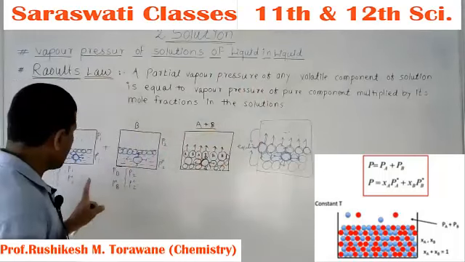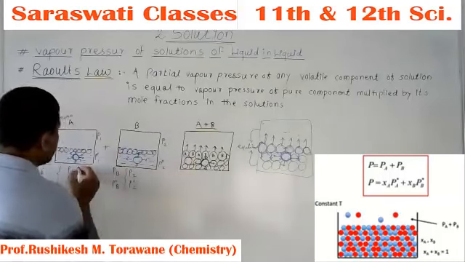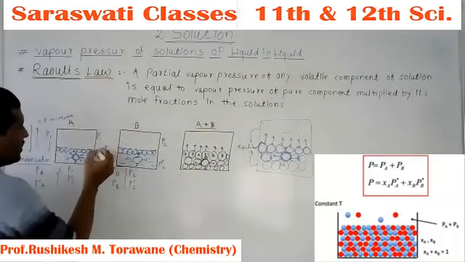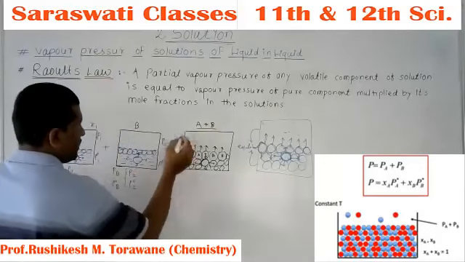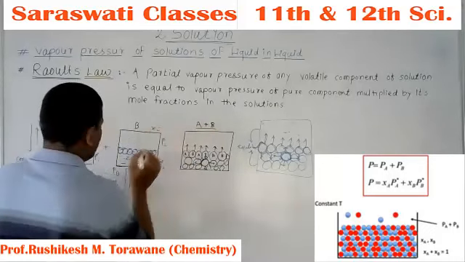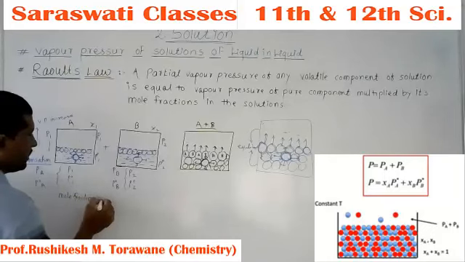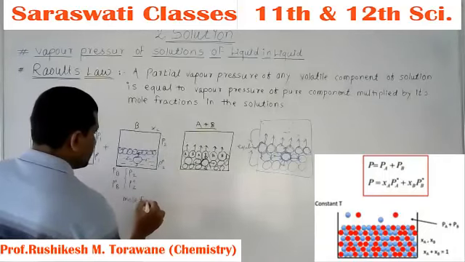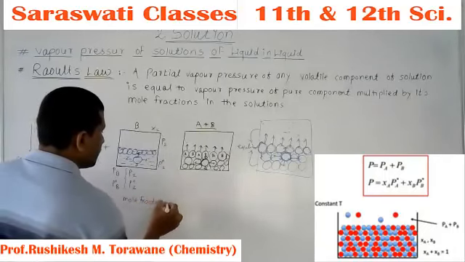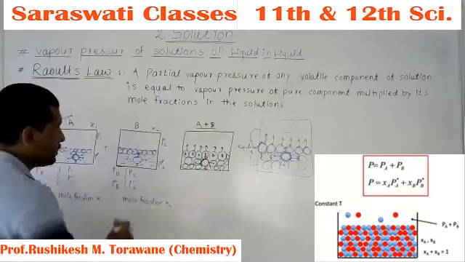To form A plus B, we can write the mole fractions x1 and x2, and we can write the combined equation.